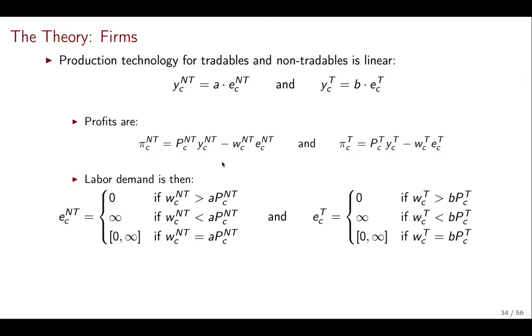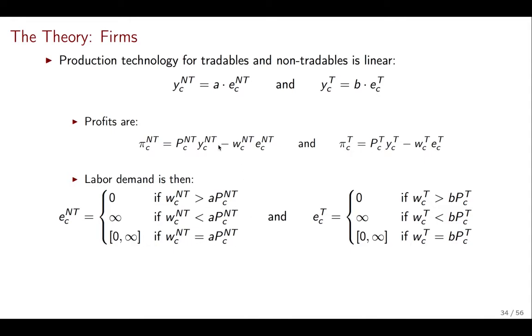And it makes a lot of sense. If the wages are high relative to productivity, then you don't want to hire anybody. This is true in both sectors. If the wages are low relative to productivity, then you want to hire an infinite amount, but that's impossible because there is only one unit of each. Okay. What happens here if the wage is exactly equal to productivity?